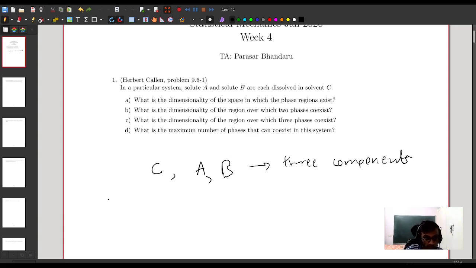So let's just look at this first part, which is about the dimensionality of the parameter space, or the space in which the phase diagram is constructed.